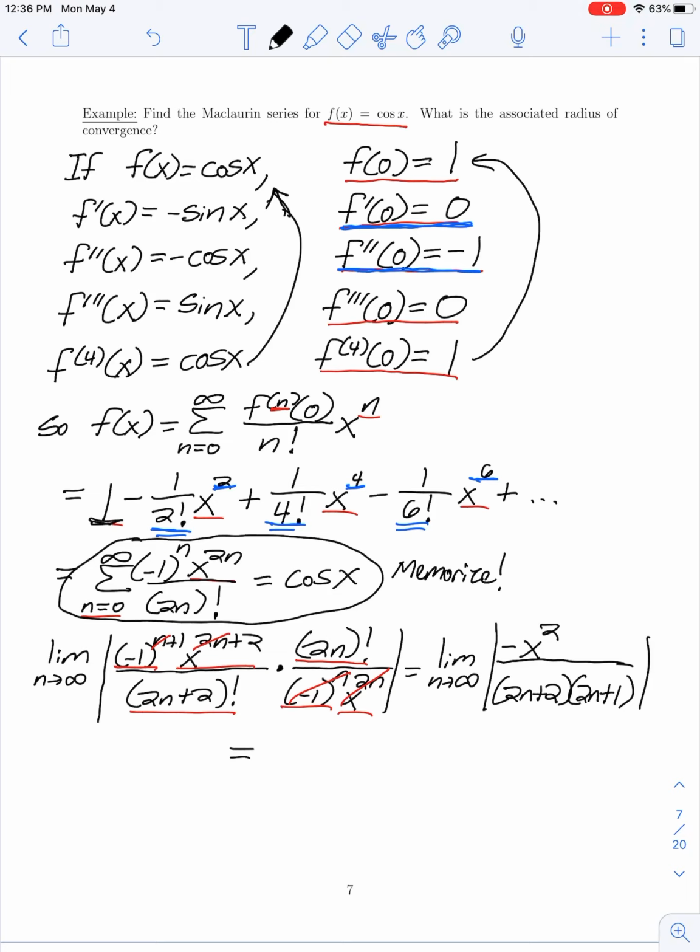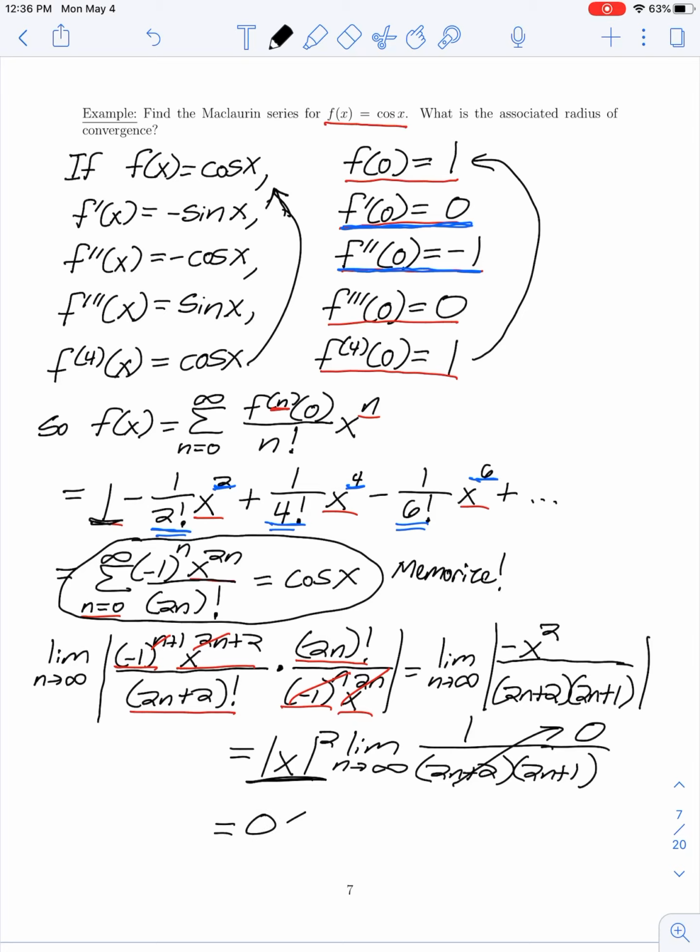So as with the previous example, anything not involving an n, I can pull out in front of our limit, and I have the absolute value of x squared times the limit as n approaches infinity of 1 over 2n plus 2 times 2n plus 1. And as n becomes large, this ratio, again, decreases to 0, no matter what the value of x squared was out in front.